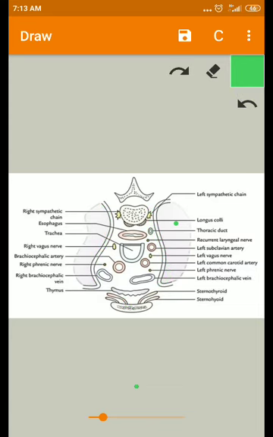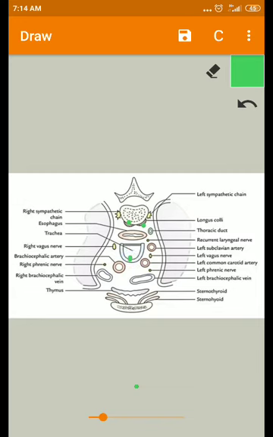Now we can see the structures which are passing through it. This is the body of the vertebra. On either side of the body you'll have the sympathetic chains, in this yellow color. Now the muscle attachments: you can see the longus colli muscles here. These are the longus colli muscles, and then the esophagus, and then the trachea.